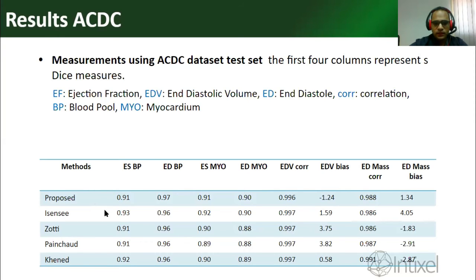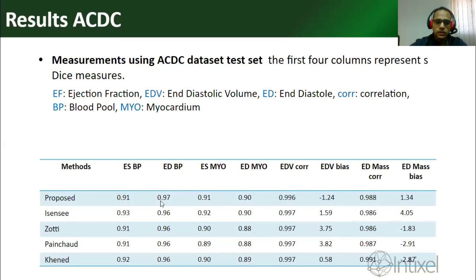As compared to the winners of the challenge, we can see that the proposed method is very comparable in results. It actually outperforms the first winner of the challenge in ED bias and ED mass correlation and ED mass bias.